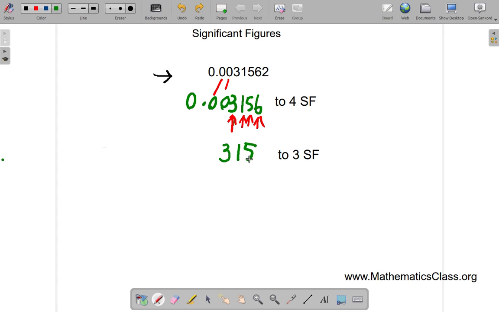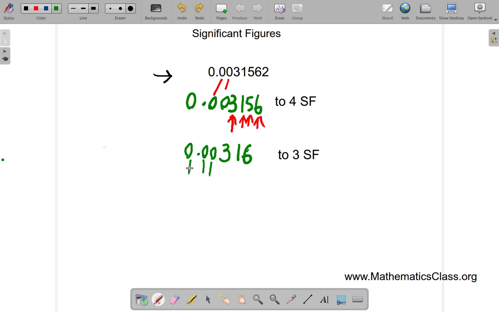You have 5, but wait, the number to the right of 5 is 6. So you have to add 1 to that 5 to get 6. Once the number to the right of 5 is 5 or more, remember the rule of rounding off. So you add 1 to get 6. Then you fill in these numbers before. These show the size of the number.